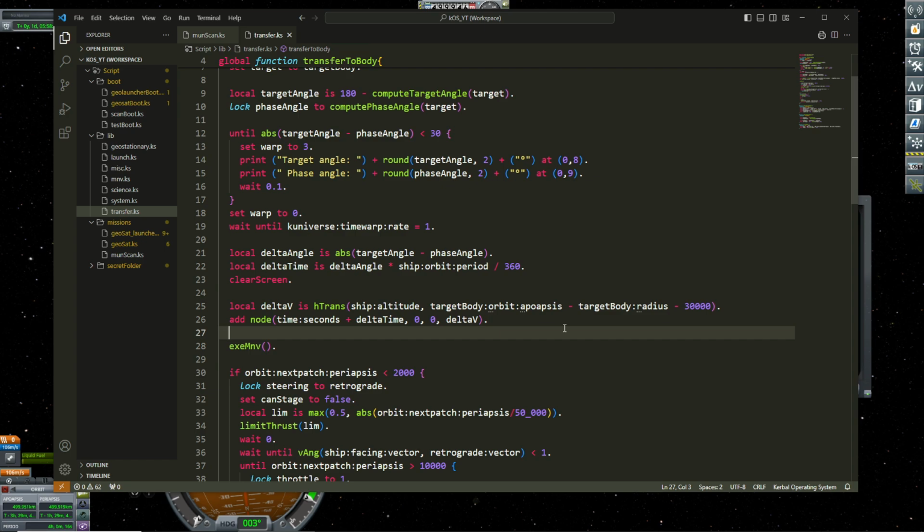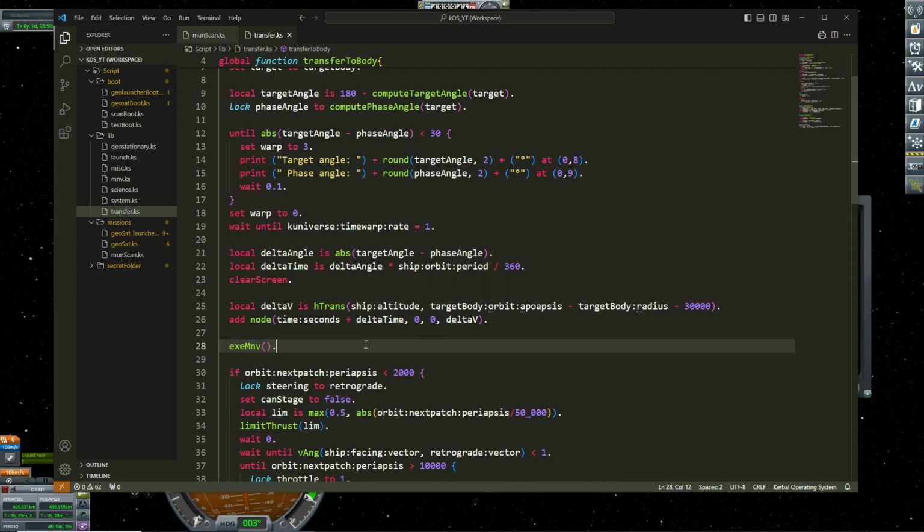And to be a little safe, and if you watch the video you saw that it is not safe at all, I subtract the radius of the moon and subtract 30 kilometers. But even with that, when I finished my maneuver node, my orbit was impacting the moon.